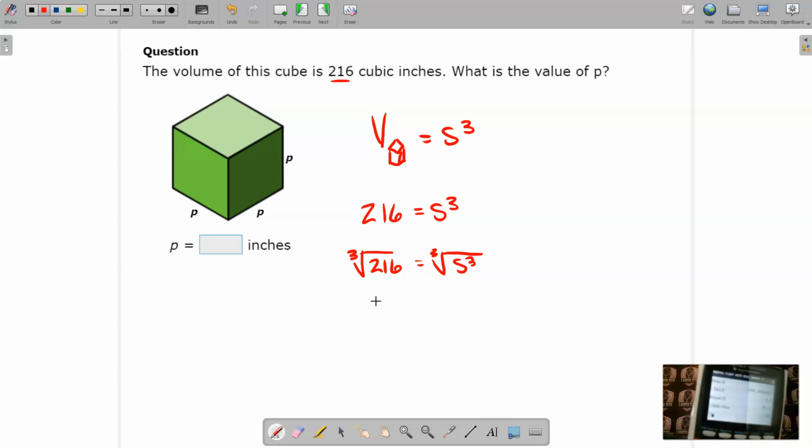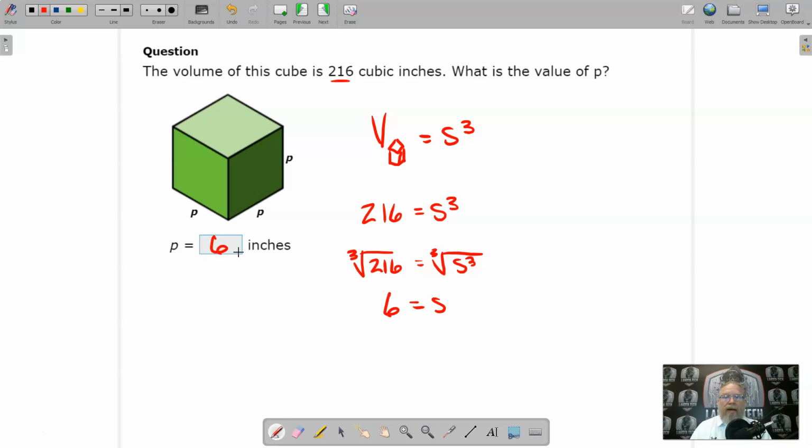Let me see if I can show that there. Will it focus? Yep, see? It'll pull up a little cube root box, and then you can just type in the value that you need the cube root of. In this case, it's 216. So I'm going to put in 216 and hit enter. And it turns out that the cube root is S equals 6.